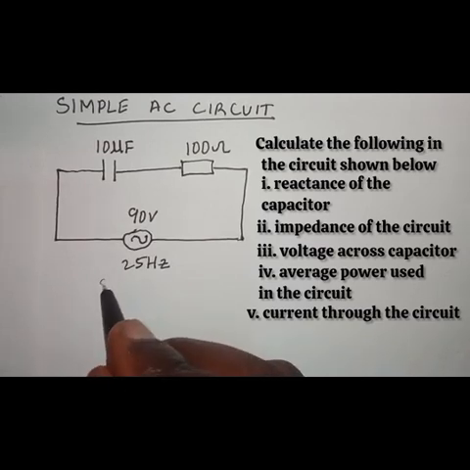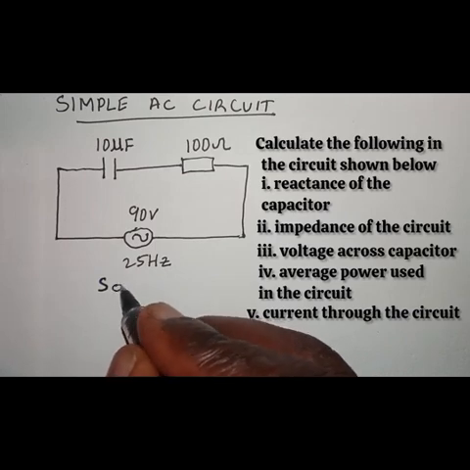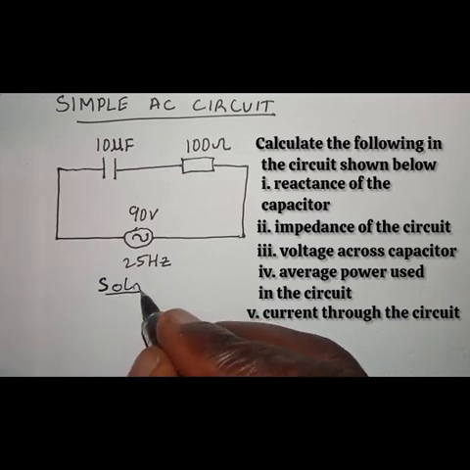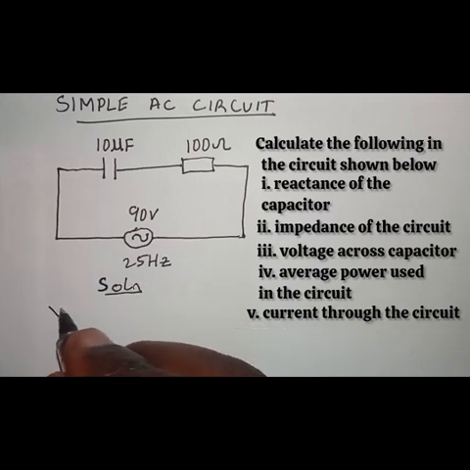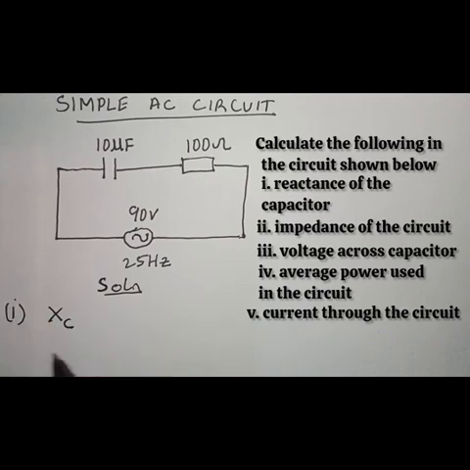So reactance, says solution. The reactance of the capacitor is the first thing we are meant to calculate. From our introduction to AC circuits, we were meant to know that the reactance of the capacitor is 1 over 2 pi fC, where C is the capacitance of the capacitor.